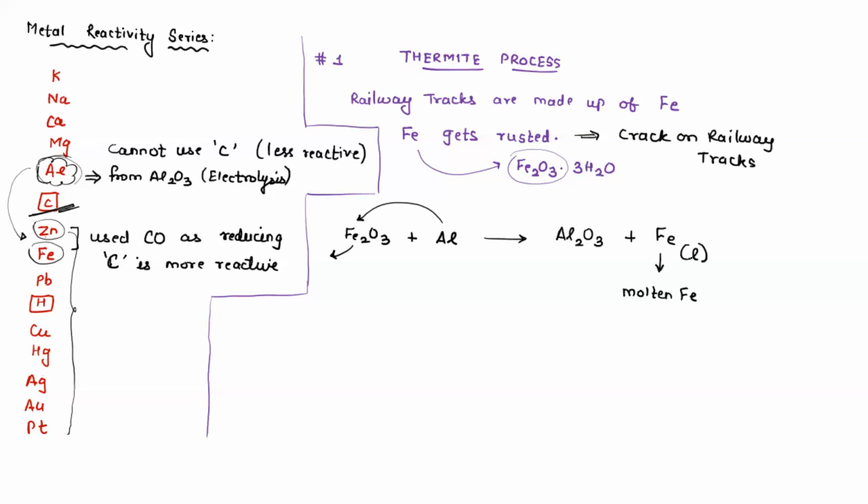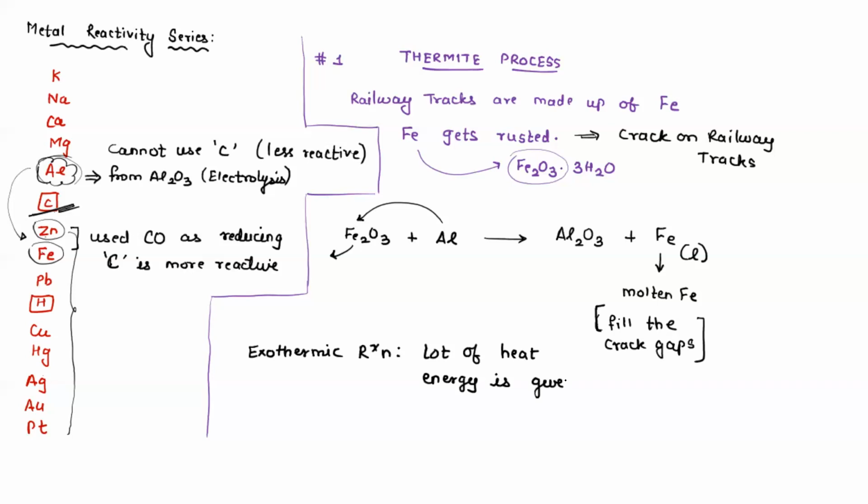You can see the reaction: you are getting free iron, but in the molten form, and this molten iron will fill the crack gaps. And this is an exothermic reaction, because a lot of heat energy is given out.